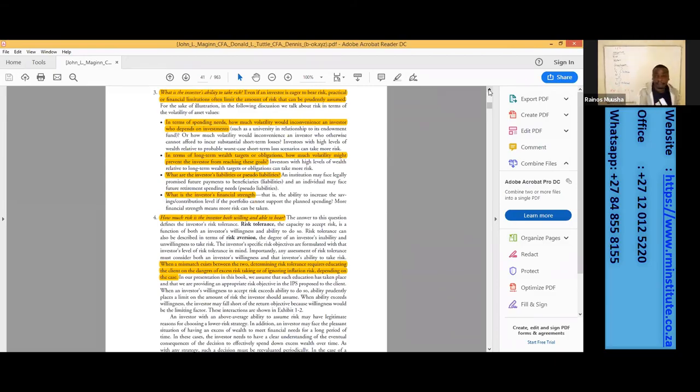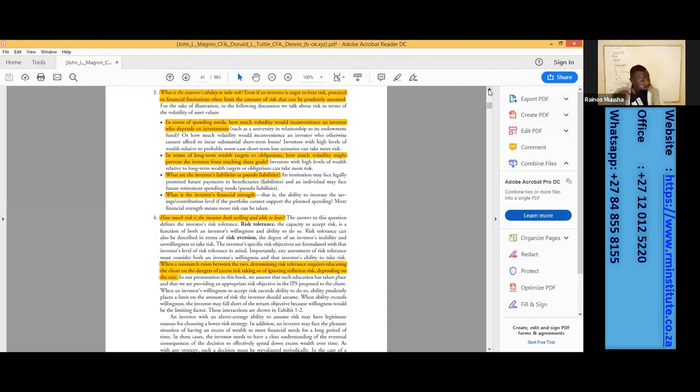And remember, when you look at the ability of the client to take risk, from the case study that you'll be given, you need to check what liabilities the client is facing, what the assets of the client are, and what the relationship between the assets and liabilities of the client is. Based on how much they are going to need to withdraw as well, you can also use that to have an idea of what the ability of the client to take risk would be.